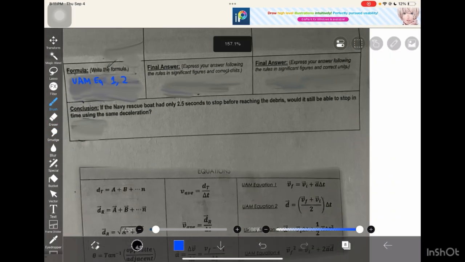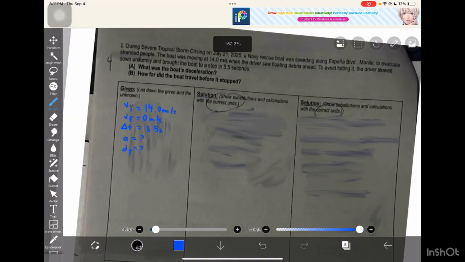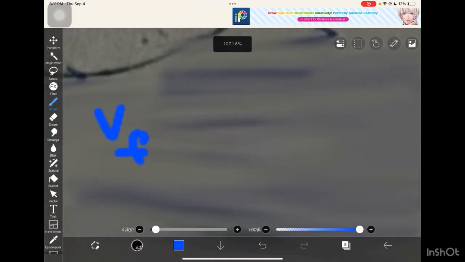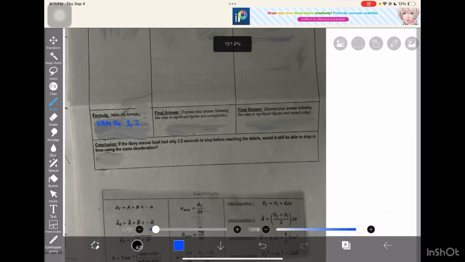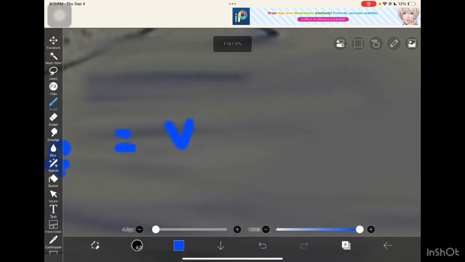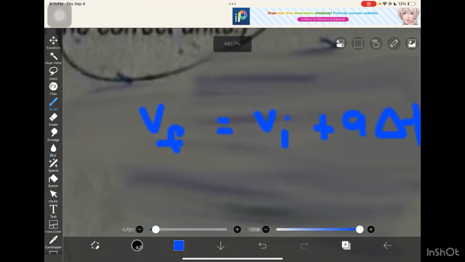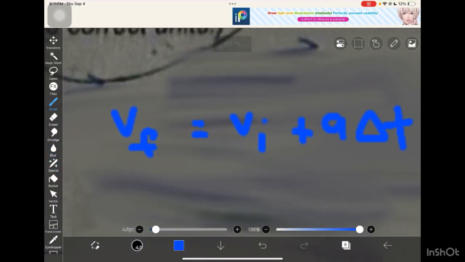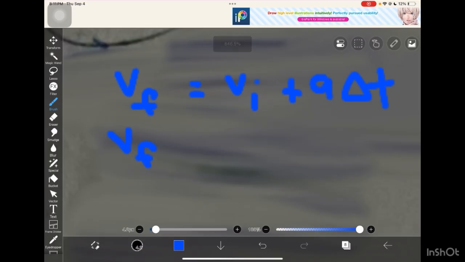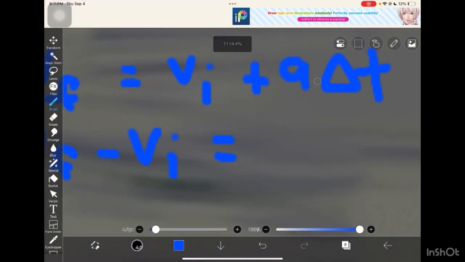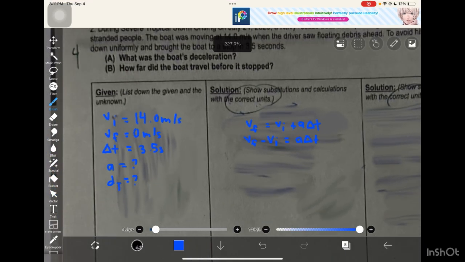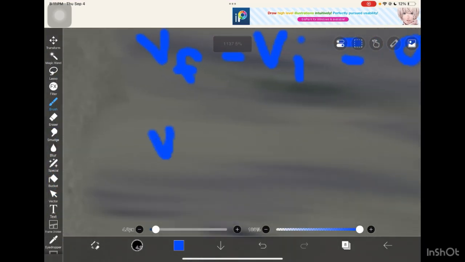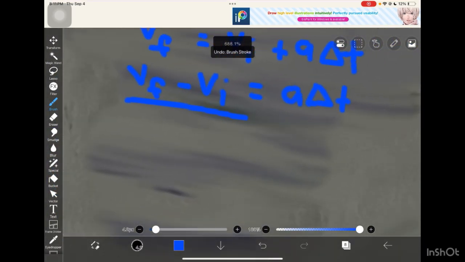So it's v sub f is equal to v sub i plus a delta t. So that's v sub f minus v sub i is equal to a delta t. And we just want a, so we divide both sides by t.